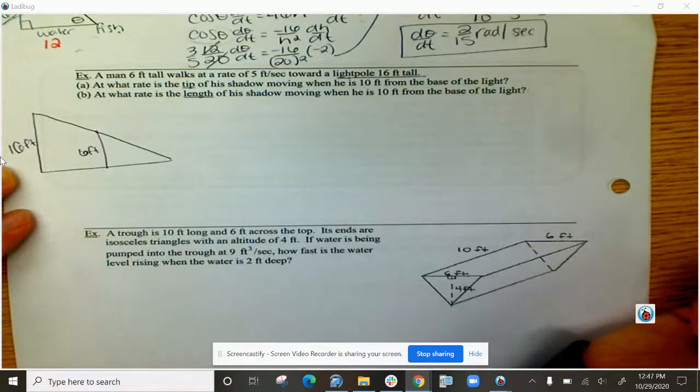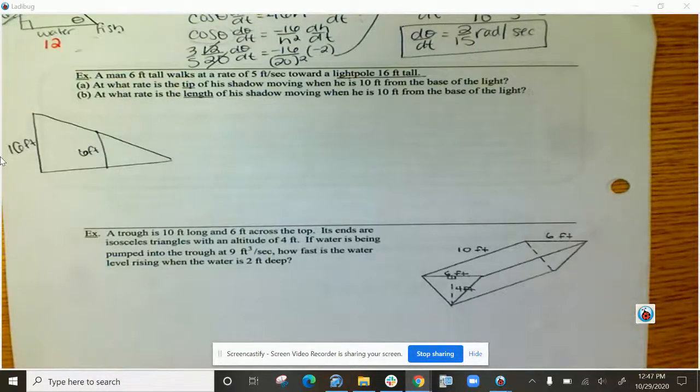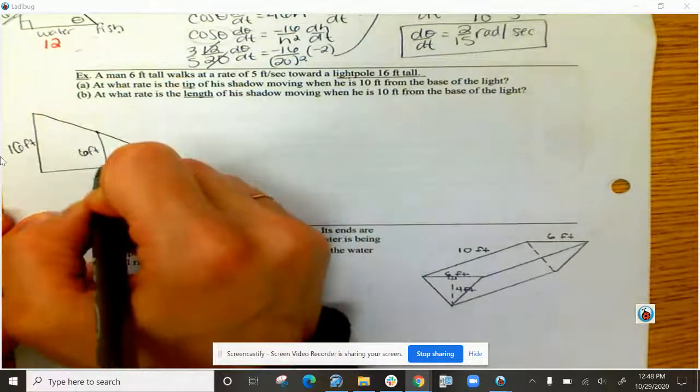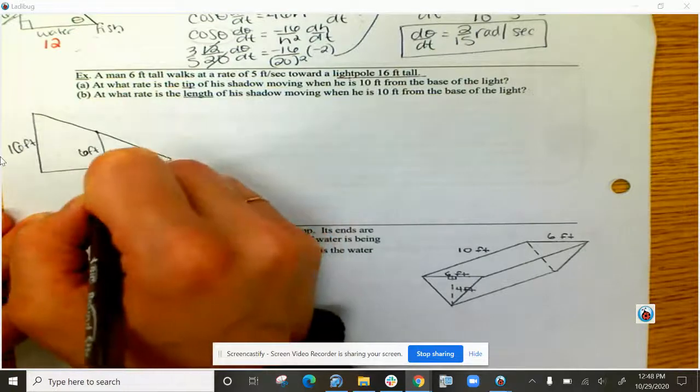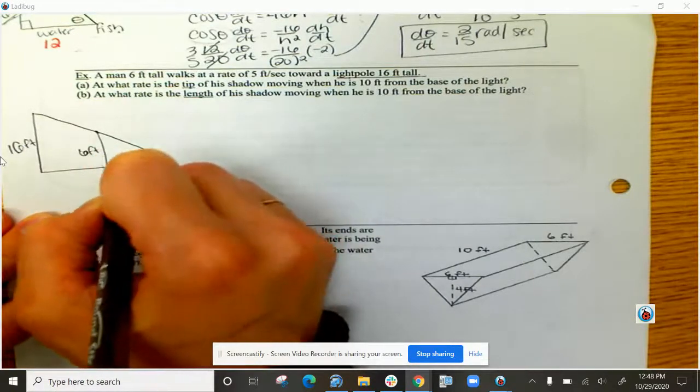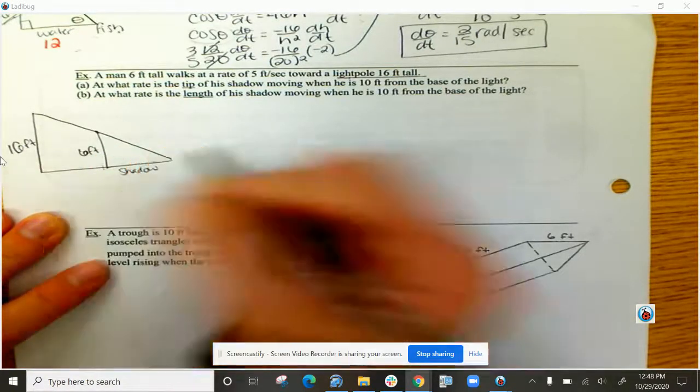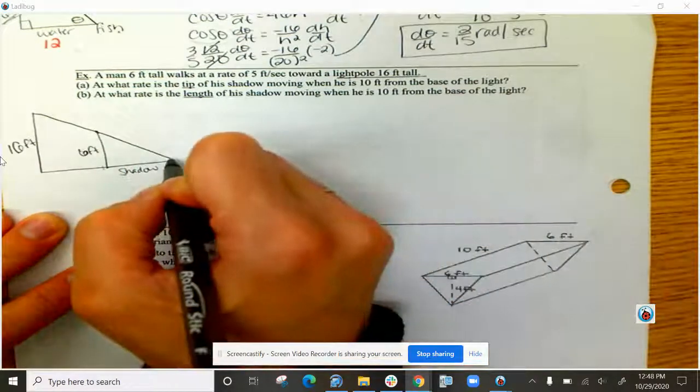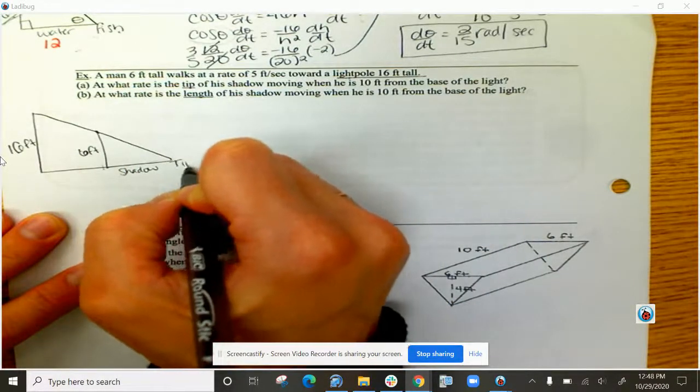It says, at what rate is the tip of his shadow moving when he is 10 feet from the base of the light? And so this is kind of tricky because you're trying to figure out what's going on here. If you're standing here and the light is behind you, that means this length right here is the shadow. This is the tip of the shadow.